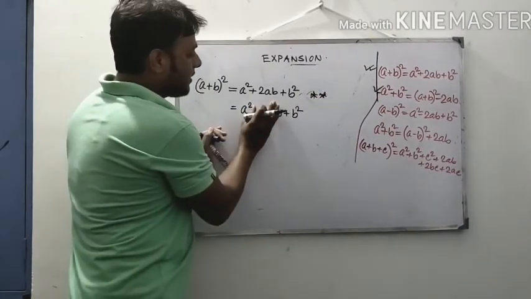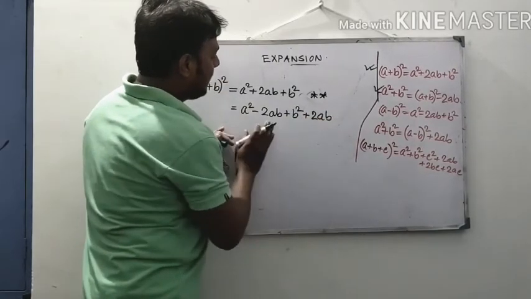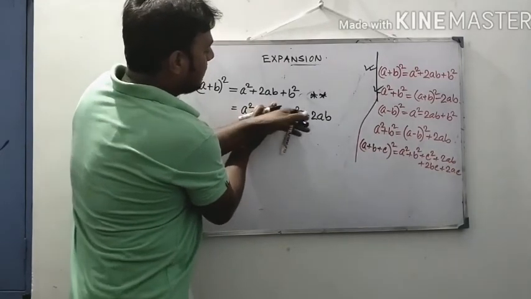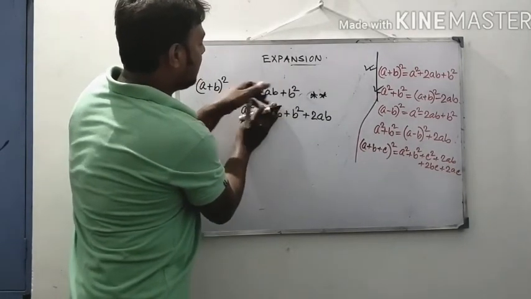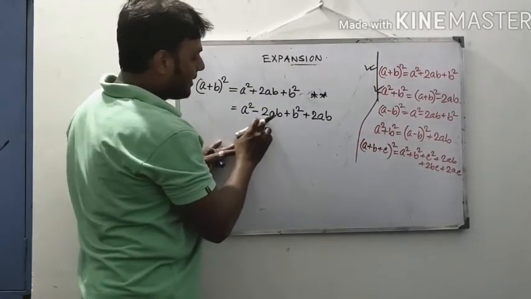This term comes extra. Suppose I am writing here 2ab, then this term is extra. See, a² + b² + 2ab, a² + b² + 2ab. So -2ab is extra, so we have to balance it.